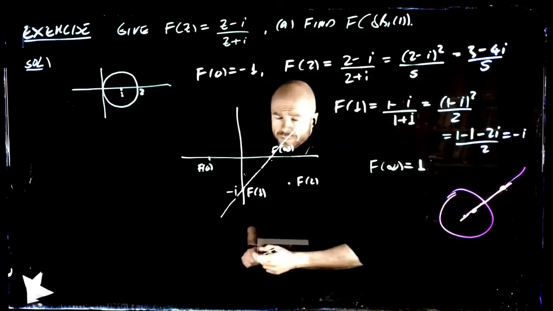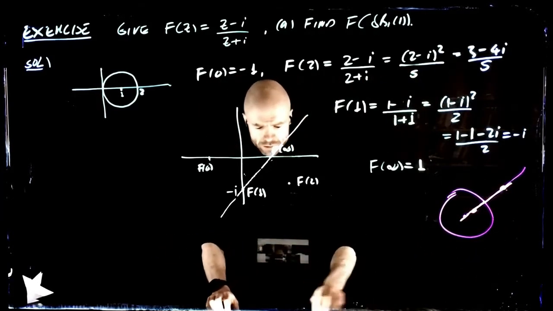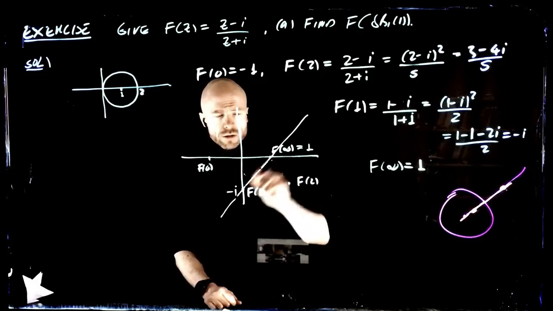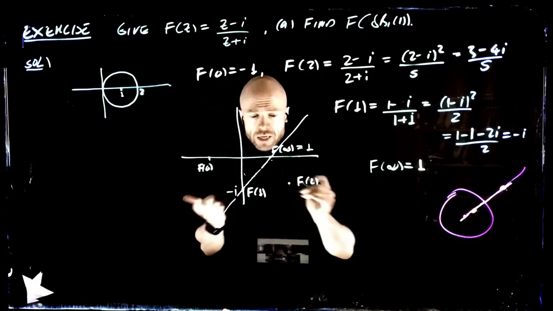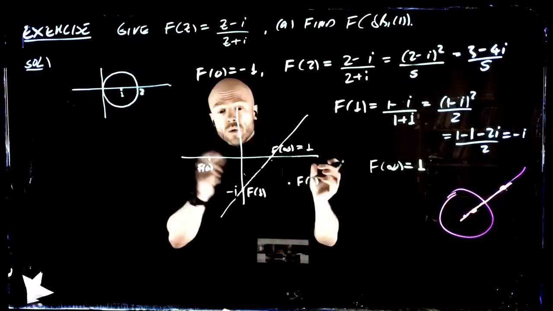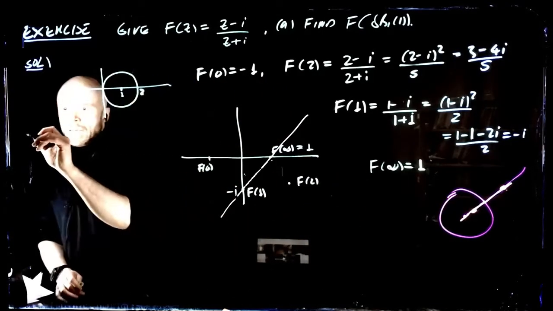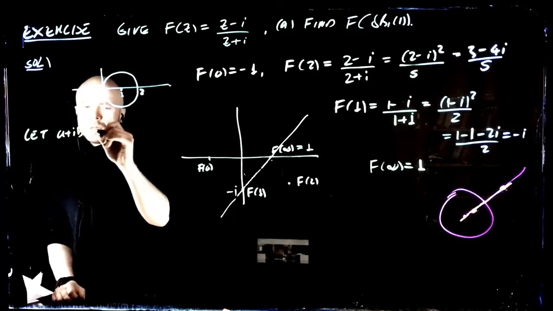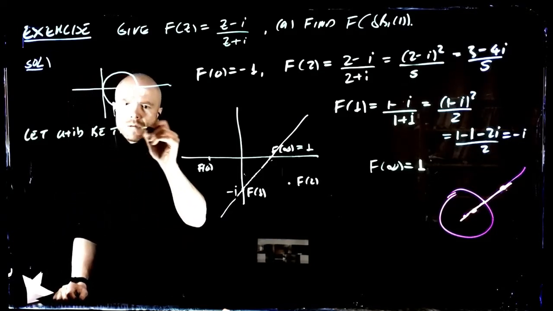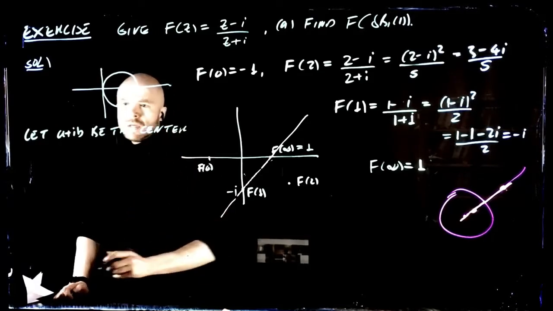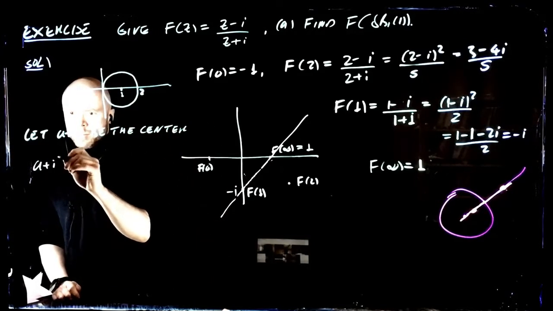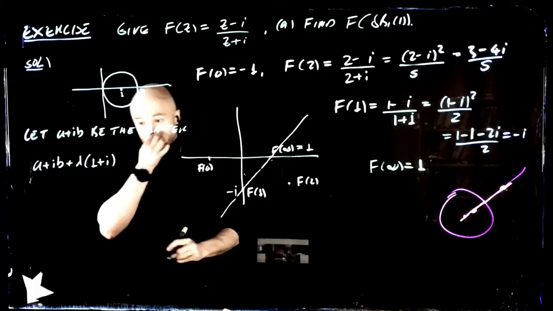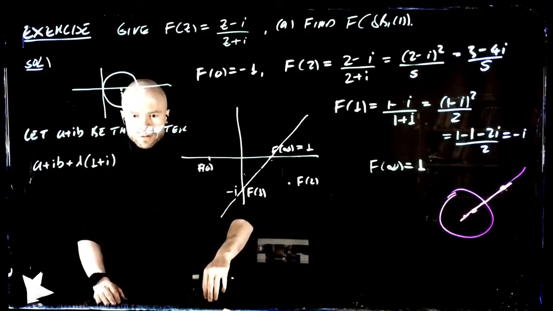So f of infinity is 1 right here, and the direction that goes from minus 1 to 1 is this direction given by 1 plus I. So we know that if we let A be the center of the circle, then A plus IB plus lambda times 1 plus I is producing this line, right?